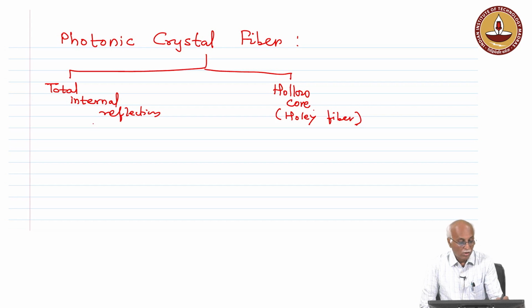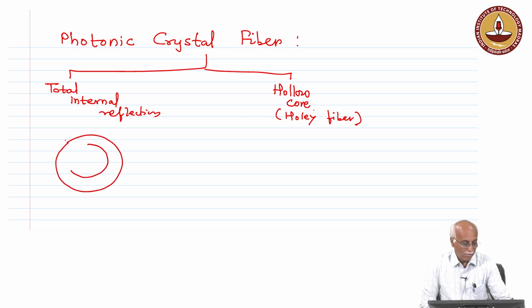In this type, the fiber has, let us say, a buffer layer, and the core part, in terms of dimensions, is of the order of 125 micrometer.